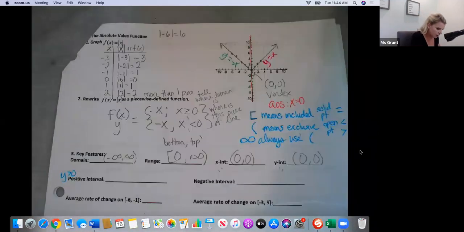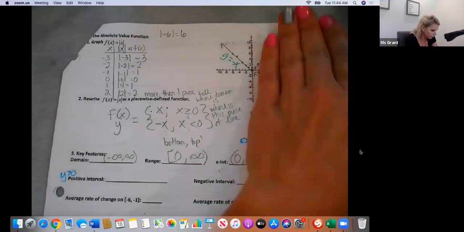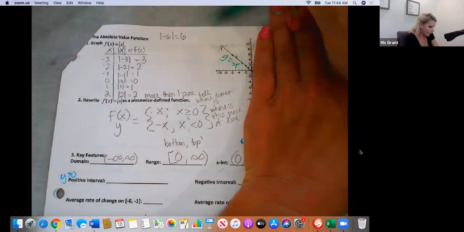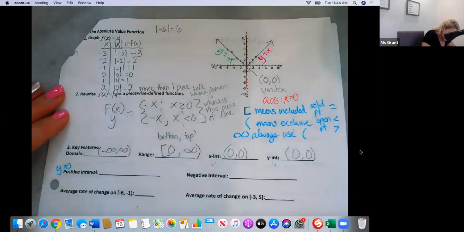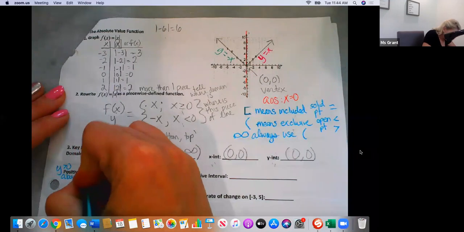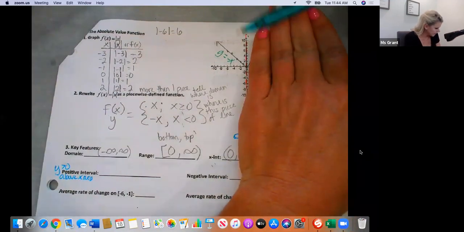I've got green and pink. My green is over here. It's at 0. It's going to be, remember, above the x-axis. This line is above the x-axis.